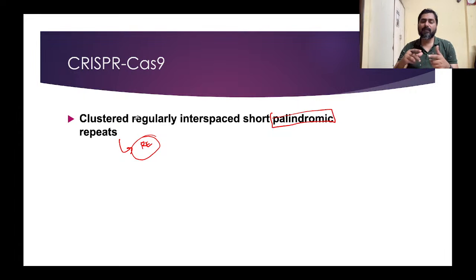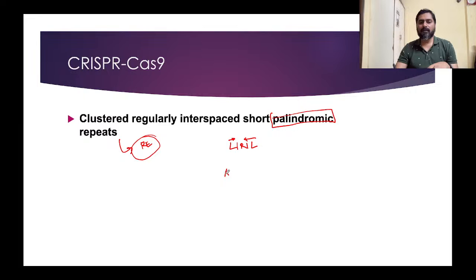Those restriction enzymes have the unique quality of understanding palindromic repeats. What is a palindrome? A palindrome reads the same from both the left hand side and the right hand side. If you take words like this, little, if you read from this side it reads the same, and if you read from this side it reads the same.